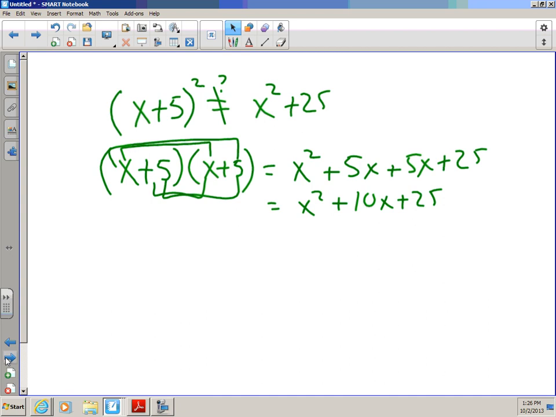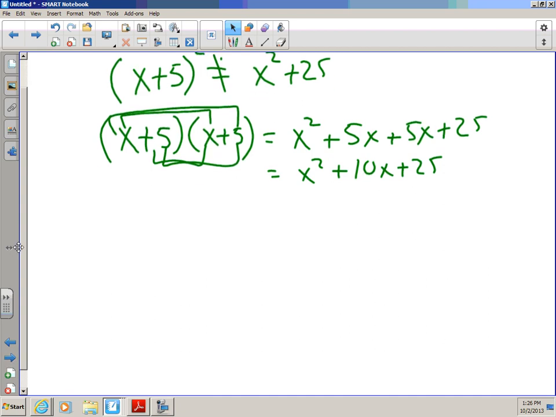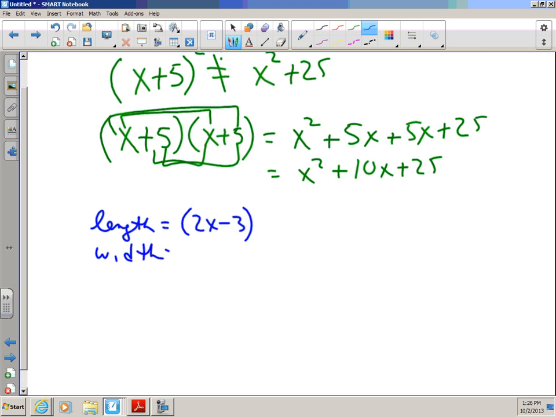A final example, a question you may commonly see: the length of a rectangle is represented by the expression 2x minus 3, and its width is represented by the expression x plus 4. Write an expression for the area of that rectangle in simplest form. Well, recall, area of a rectangle is length times width.